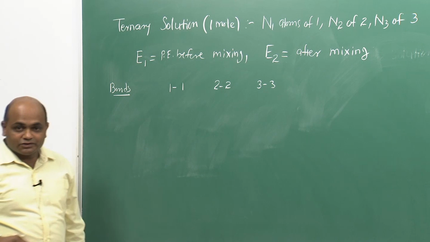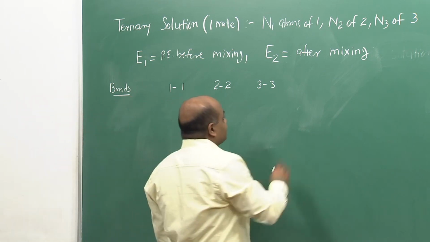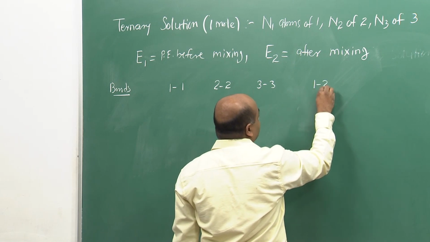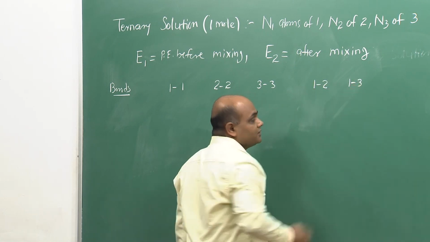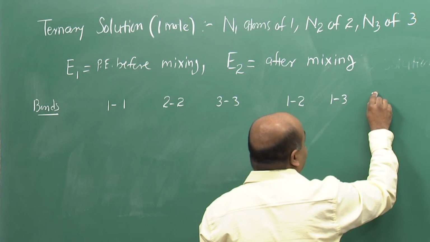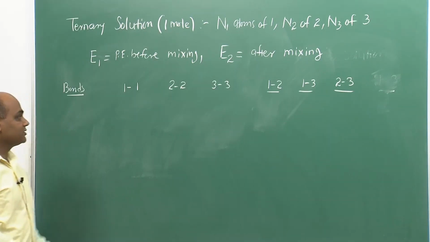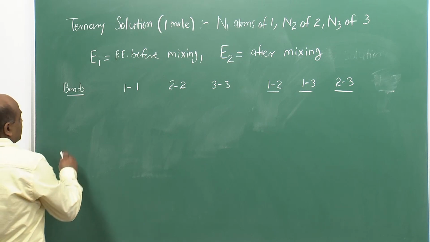Then there will also be dissimilar atom interactions, or bonds. So, it will be 1 2, 1 3, 2 3, right. So, there will be 6 types of bonds.